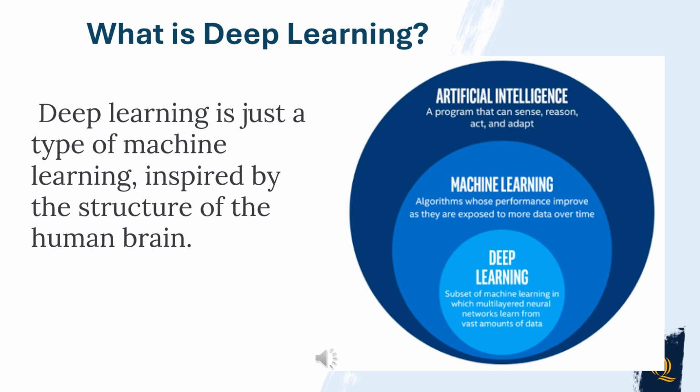So while deep learning is one aspect of the broader machine learning field, its ability to process and learn from enormous data sets with complex structure is what makes it such a powerful tool in modern AI applications.